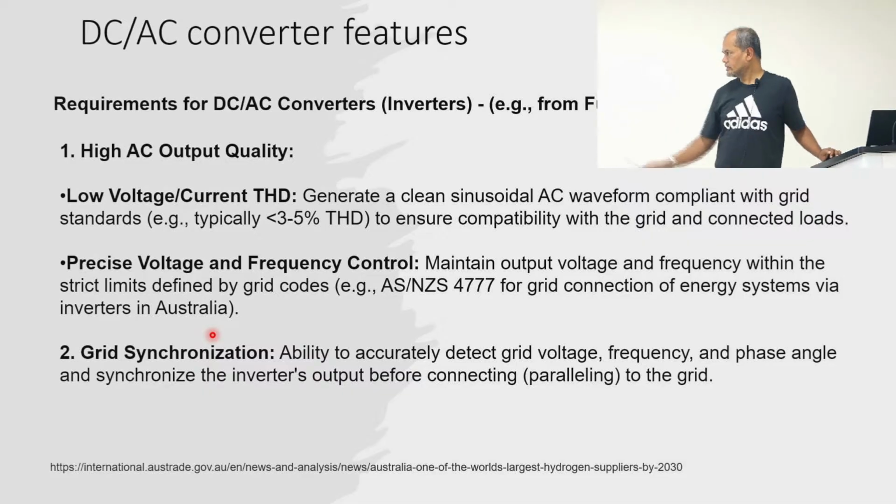But for AC, you have to make sure that it has the ability to accurately detect grid voltage, frequency, and phase angle, so that it can synchronize when it is connecting with the grid. So that's another requirement.